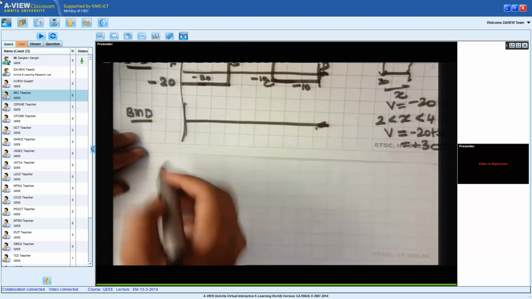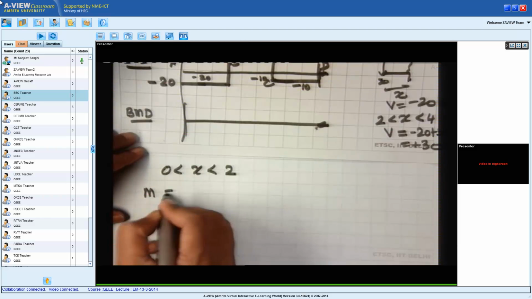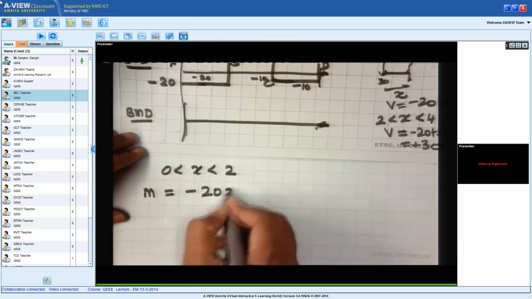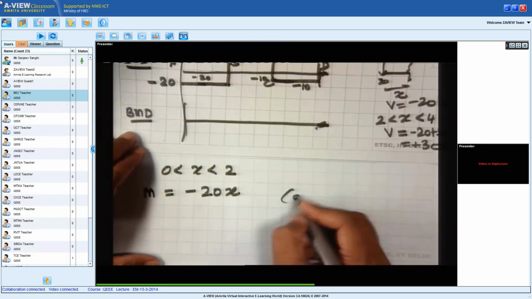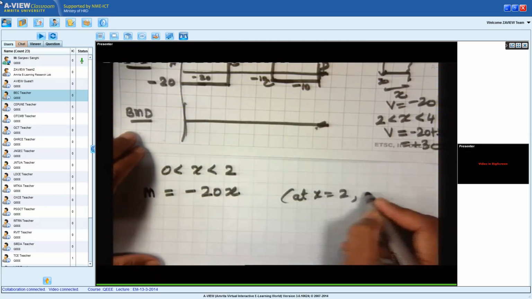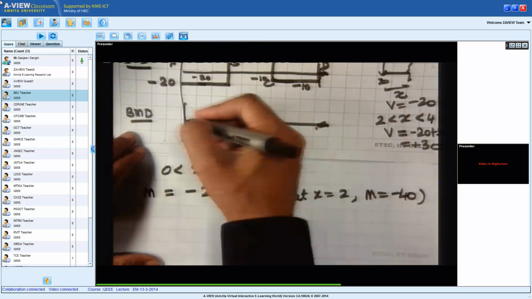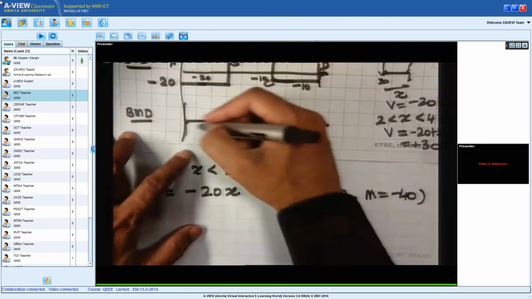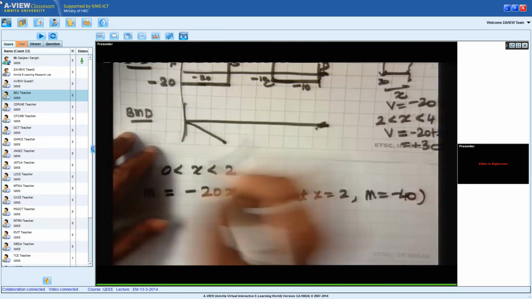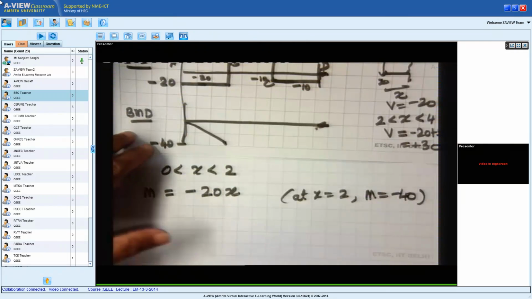When 0 is less than x is less than 2, the bending moment is equal to minus 20x. So at x is equal to 2, the value is equal to minus 40. So we are starting from 0, and at x is equal to 2, we reach a value of minus 40. So this is how the bending moment diagram looks from 0 to 2.